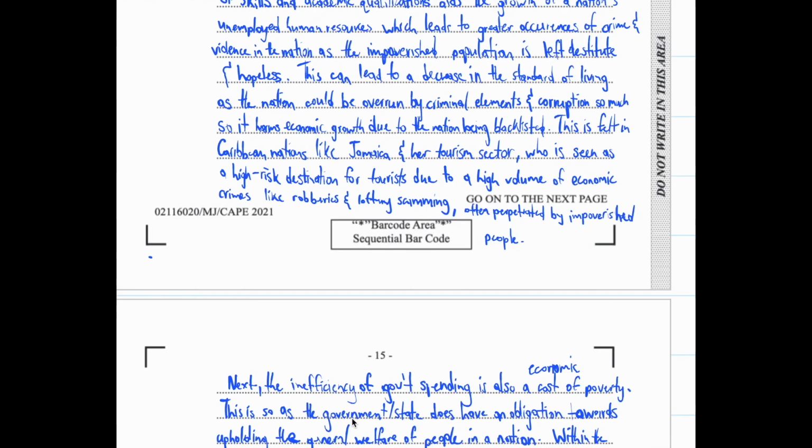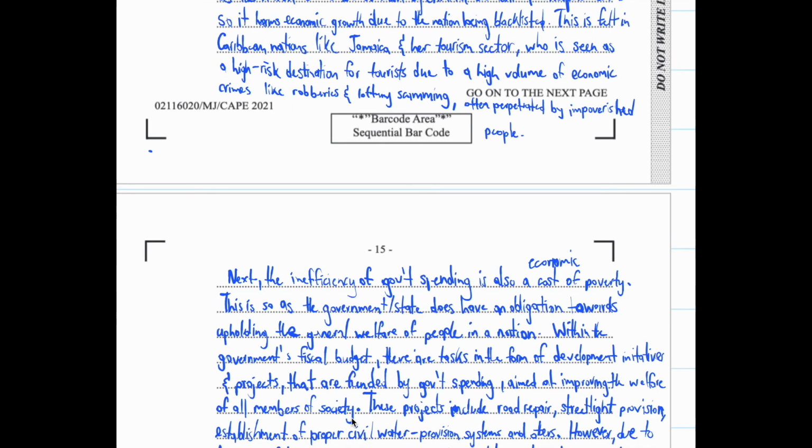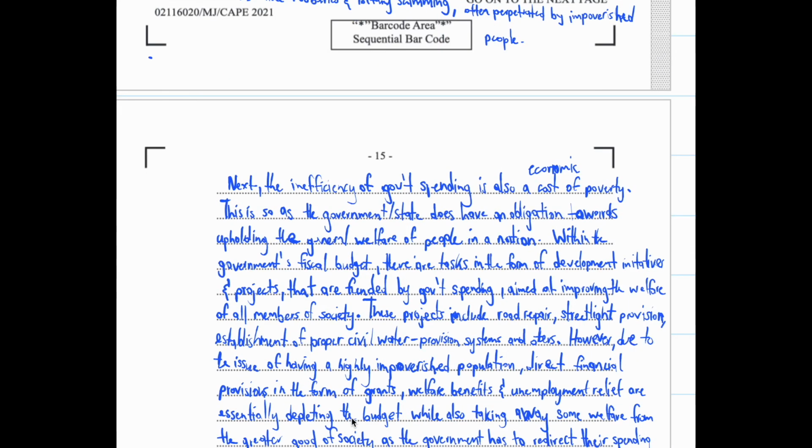So next we're going to look at the inefficiency of government spending. The state or the government does have an obligation towards upholding the general welfare of people in a nation, and we look towards the fact that the government has a fiscal budget where there are tasks in the form of development initiatives and projects which are funded by the government aimed at improving the welfare of all members of society.